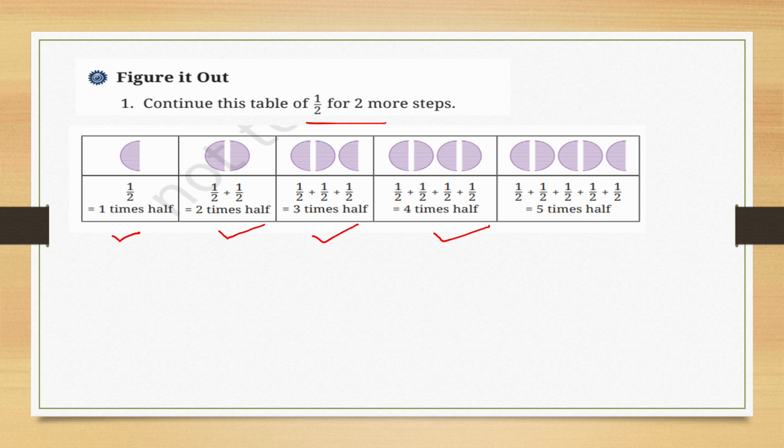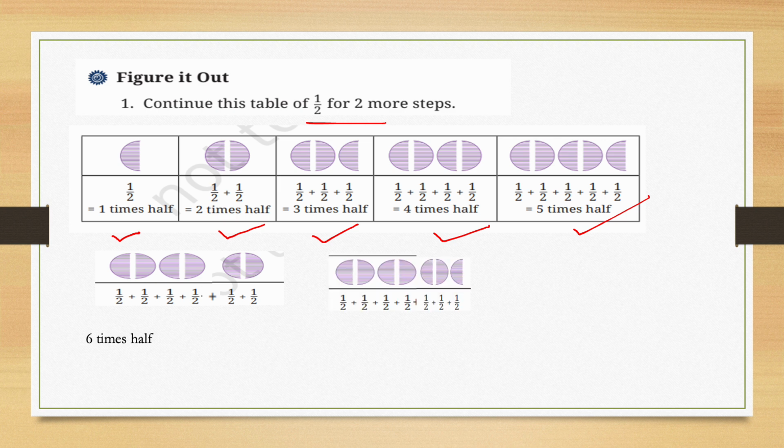Then 5 halves, that is 5 times half. The next one, six halves added together, that is 6 times half. Next one, seven halves added together, that is 7 times half.